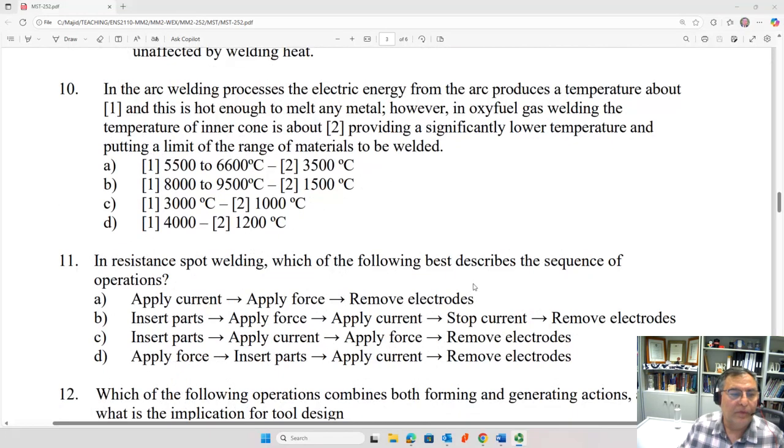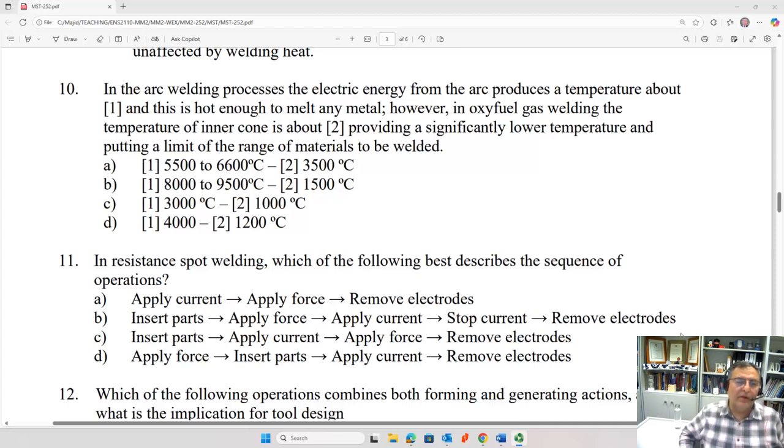Question 11. In resistance spot welding, which one of the following best describes the sequence of operations? Well, in A, apply current, apply force, remove electrodes. Well, it doesn't make sense to apply current before applying force, so this is incorrect. B, insert parts, apply force, apply current, stop current, and remove electrodes.